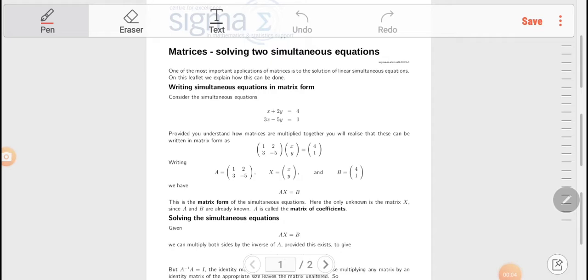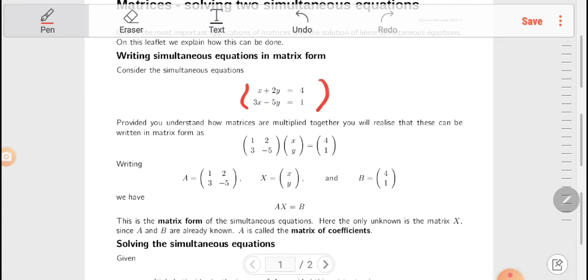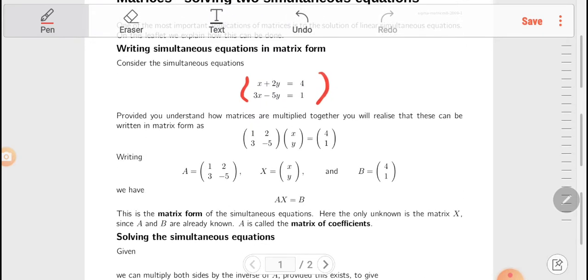Today's lesson is about matrices and how to solve two simultaneous equations using the inverse of the matrix. If we have a system of two equations, like x plus 2y equals 4 and 3x minus 5y equals 1, we have several ways to determine the solution of this system, like elimination, the substitution way, or the Gaussian matrix.